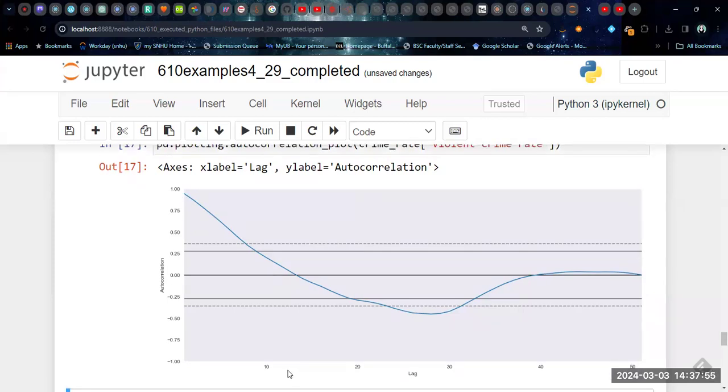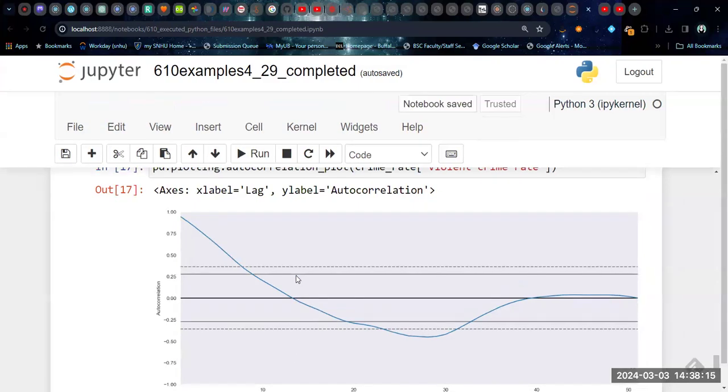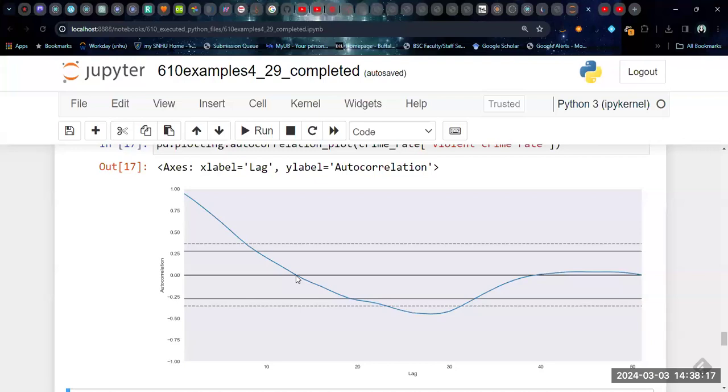And the number of lags, the number of time steps between them, is listed on the bottom here. These boundary lines that are on the graph are basically giving you significance levels, and zero correlation means there's no relationship. So at about 15 years out, we are saying there's basically no relationship between the crime rate here and the crime rate over there.